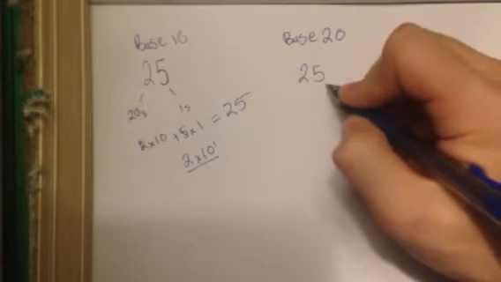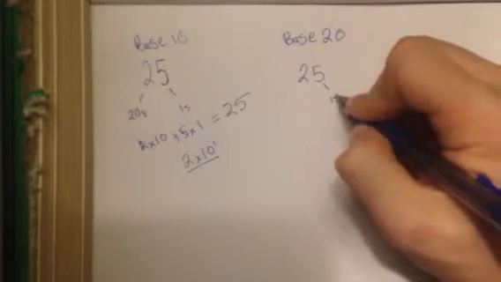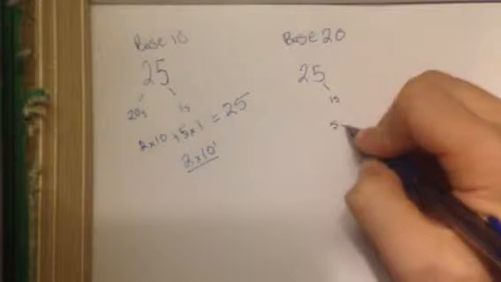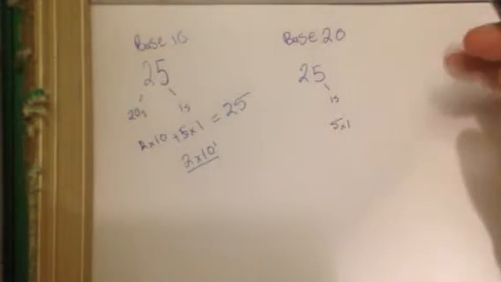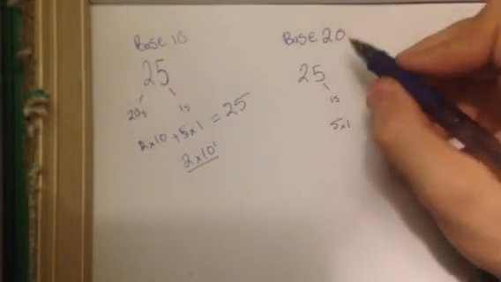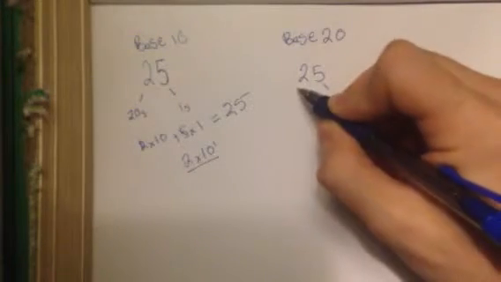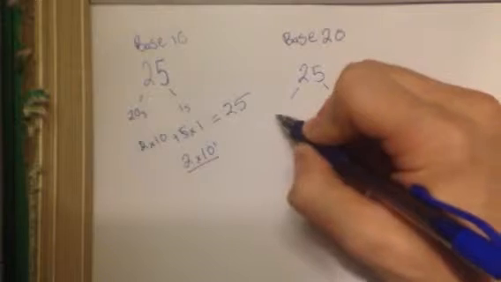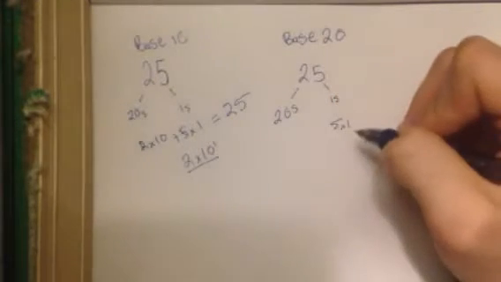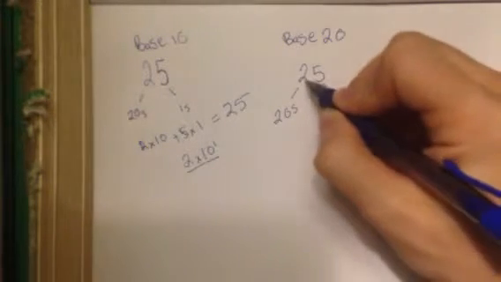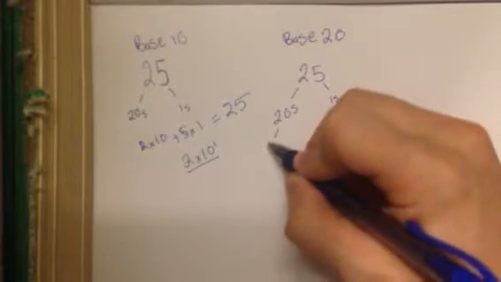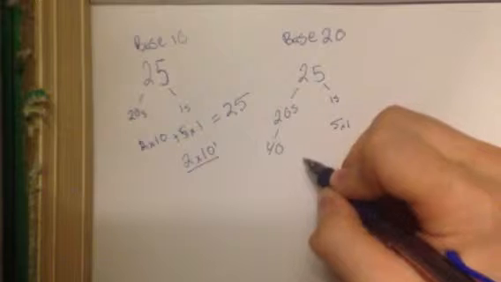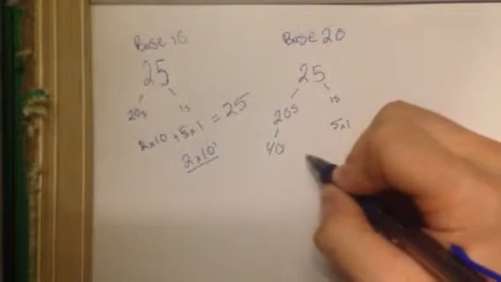So this 5 is still going to be in the 1's place. It's still going to be 5 times 1, or 5 times 10 to the 0 power, but that's still going to be the same. This, however, is going to be in the 20's place instead of the 1's place. So this is 2 times 20. So this number is really 45.